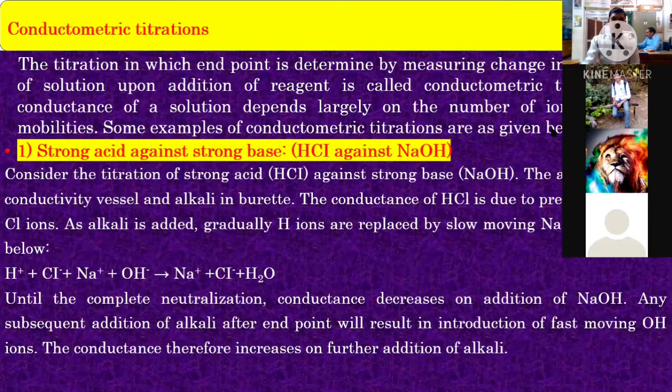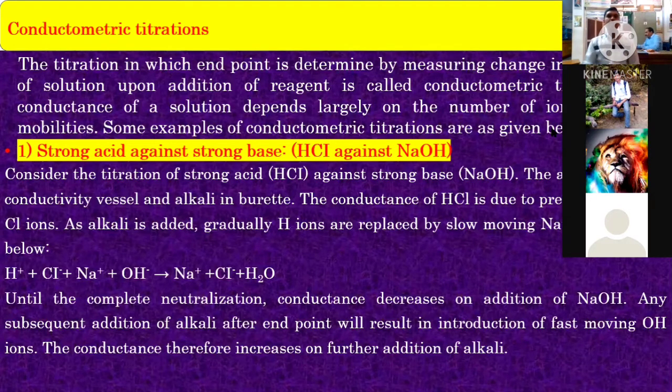Those atoms or molecules that can easily give an H plus ion are called Lewis acids. What is a base? Those atoms or ions that can easily dissociate to form an OH minus ion are called strong bases.